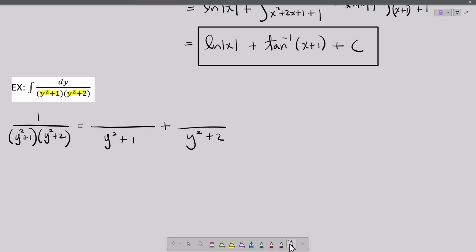We're just going to put a linear expression in each numerator. So we can use Ay plus B, and then the next letter available is C, so we can do Cy plus D. So that would be our factorization form, our PFD form.